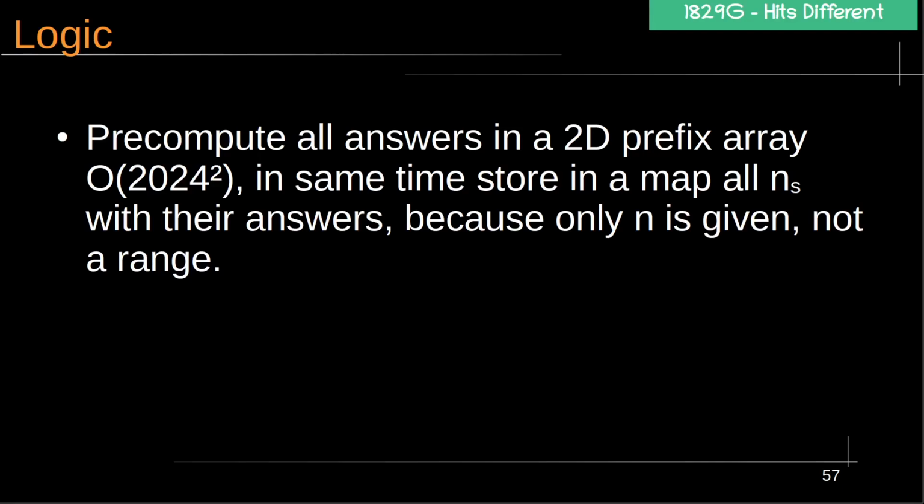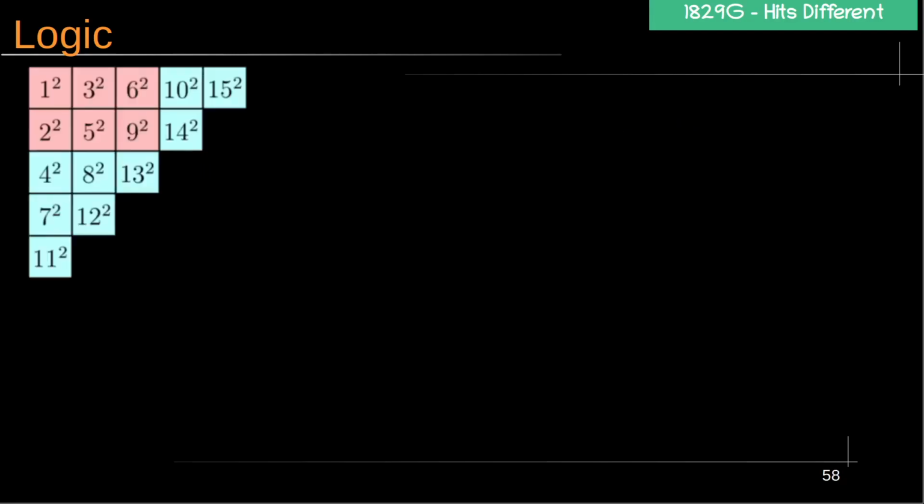We're not given a range from point A to point B to compute the sum. It gives me only n, and we have to know the sum. So we have to find a way to store the answer of each n, using, of course, the 2D prefix array. Then we will see how it works.